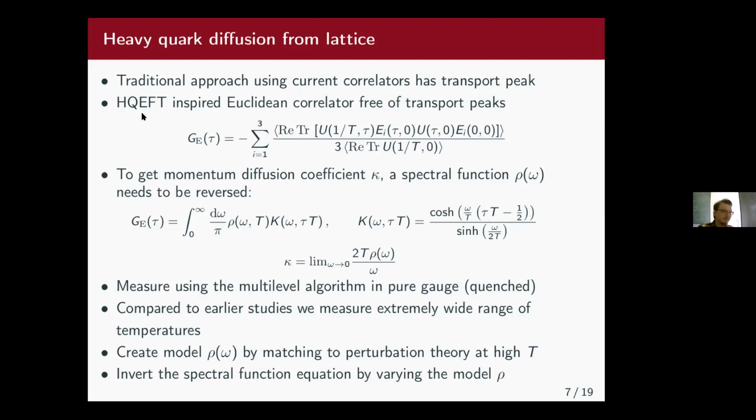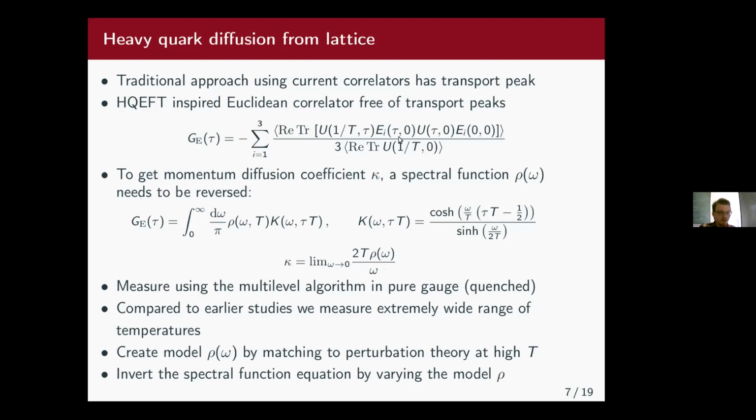That's why this heavy quark effective theory inspired Euclidean correlator was suggested by Laine et al., where we have two chromoelectric fields connected by Wilson lines, and then we normalize it with a Polyakov loop. This Euclidean correlator can then be related to kappa through the spectral function with the thermal kernel, and then taking the omega to 0 limit.